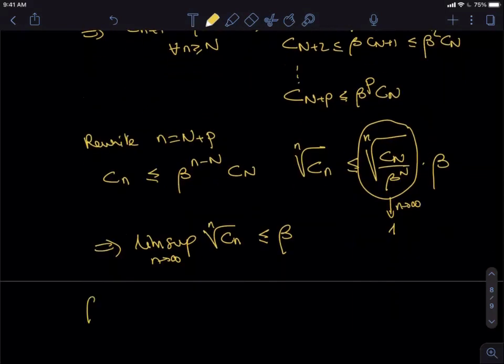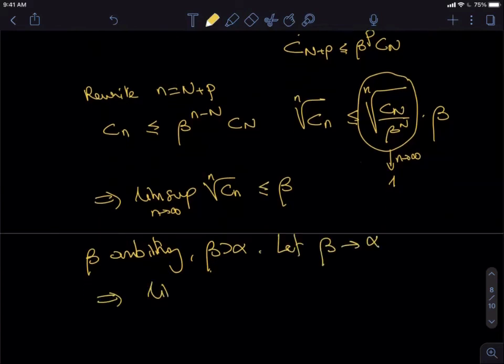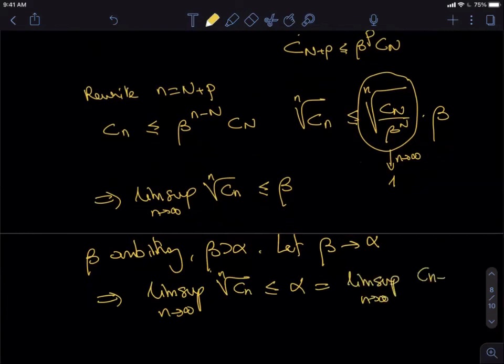Okay, but beta was arbitrary, could be any, as long as it was bigger than alpha. So we can just let beta tend to alpha, and we get what we wanted, that the lim sup of the root is less or equal than alpha, which is the lim sup of the ratio. And we are done here.